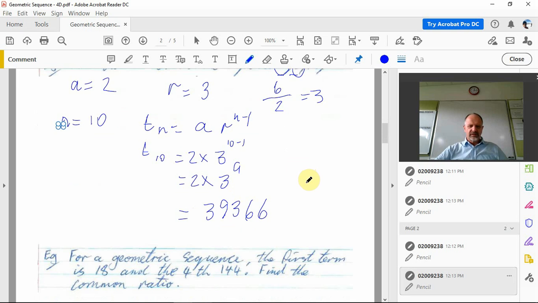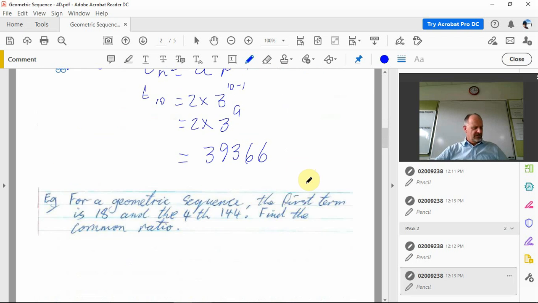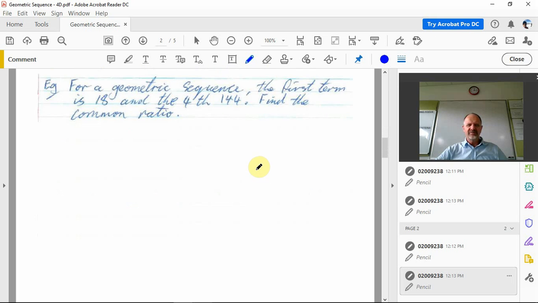All right, let's have a look here. This one: a geometric sequence, the first term is 18, the fourth term is 144. Find the common ratio. So the first term, T1, which of course is a, is 18. Term 4 equals 144.